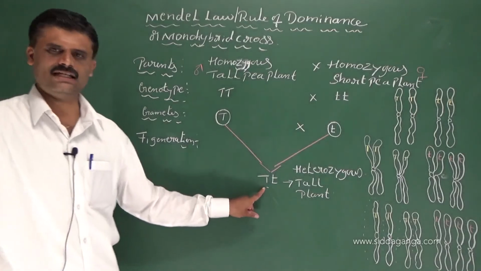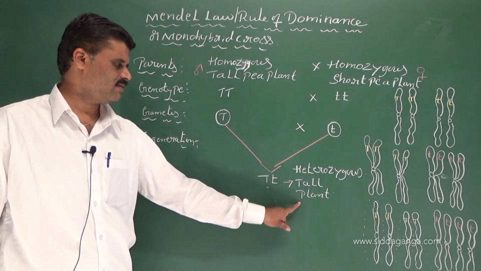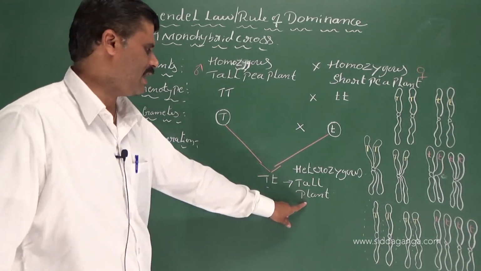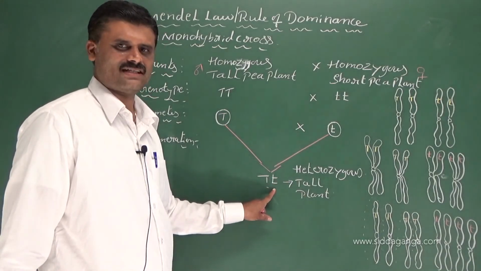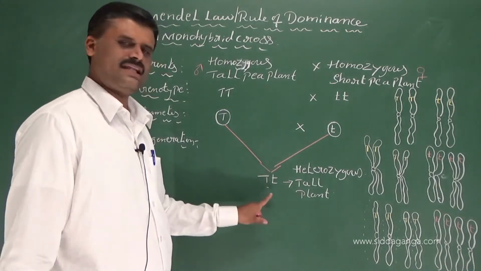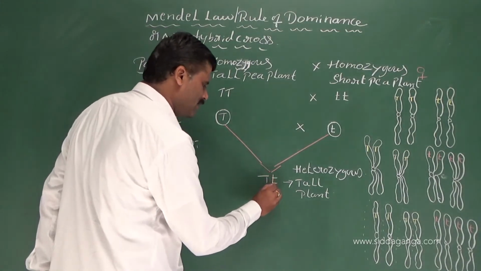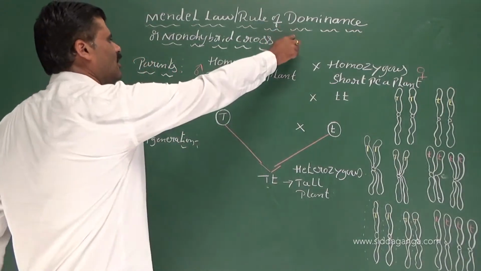After sowing the seeds of the hybrid plant, these plants represent the tall character. Why? The tall character is expressed. Dwarf character is not expressed, right? And intermediate character is also not expressed. Only the tall character is expressed even in presence of the short gene, and that is called dominance.